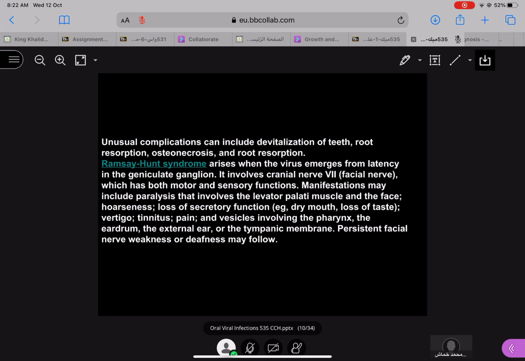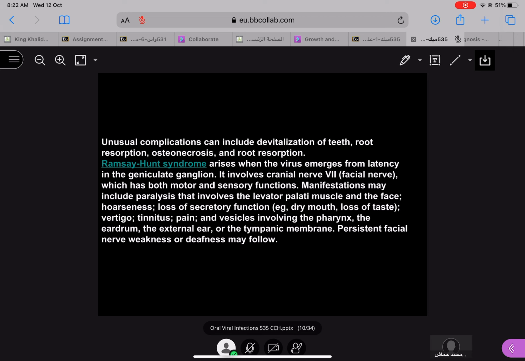There is a syndrome we call Ramsay Hunt syndrome, which arises when the virus emerges from latency. Latency is a form of recurrent infection: the virus exists in the body without any symptoms, and under some circumstances this virus causes infection or recurrent infection again.